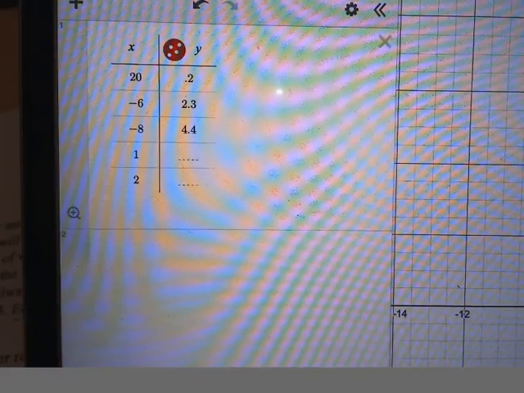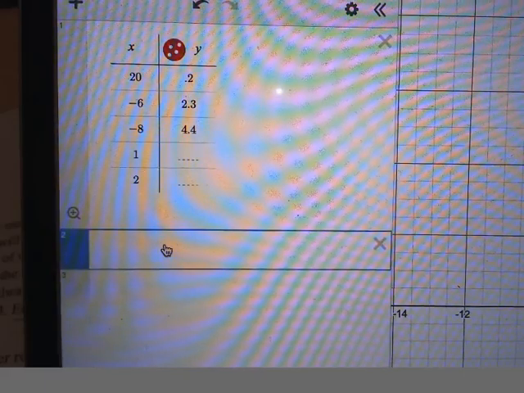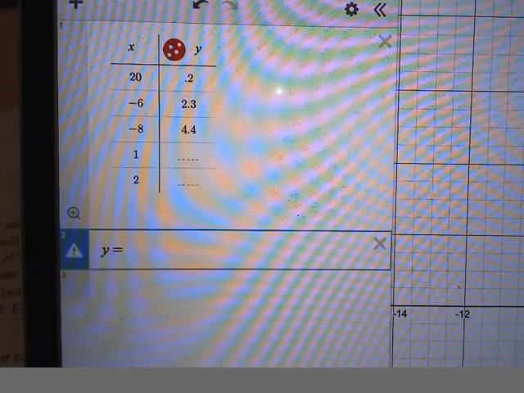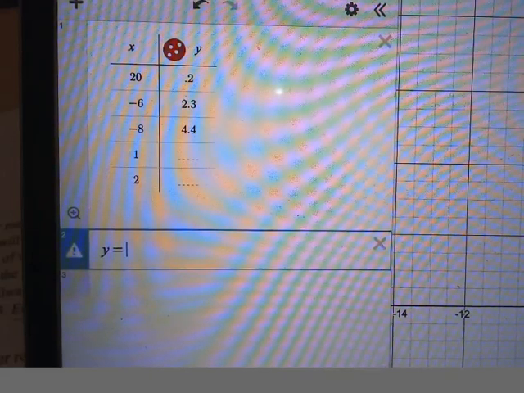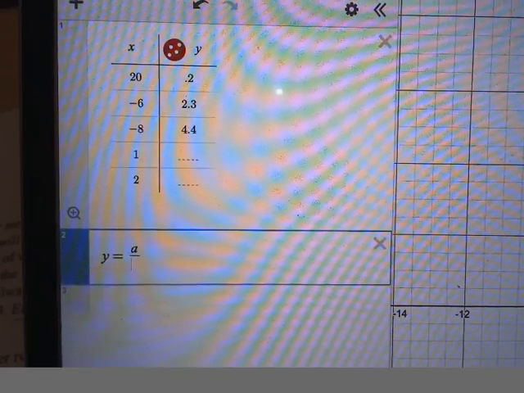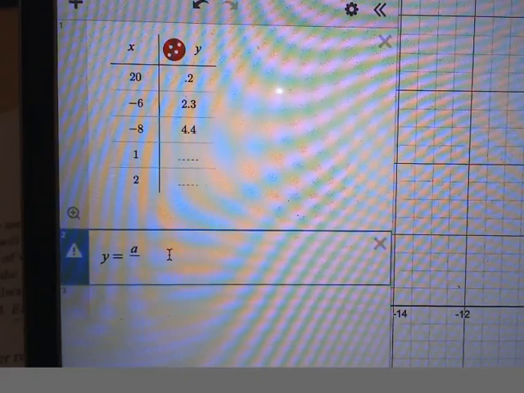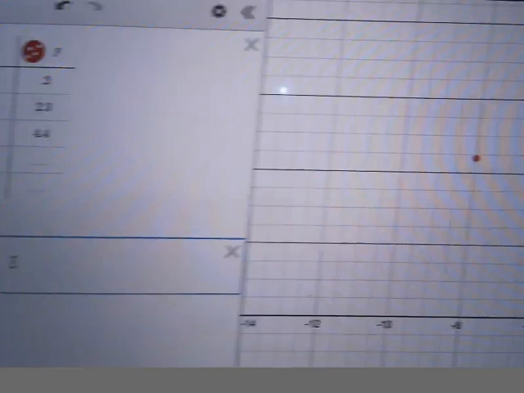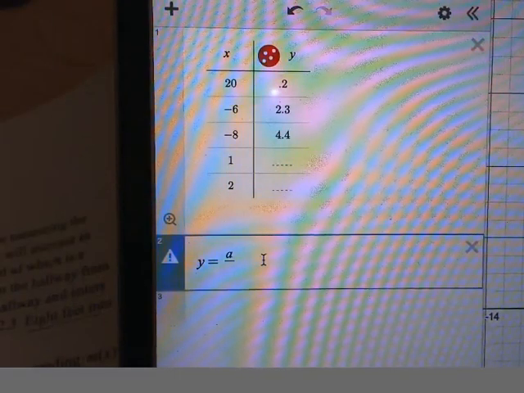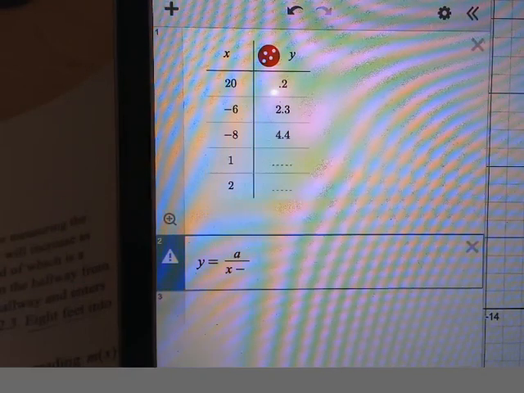Now this should remind you of the lab we did, and we would have to make y equal, and it has no x-intercepts, so we'll just put an a in the numerator, divided by, and in the denominator they say it needs to have a vertical asymptote on this graph, and I don't know where, so I'm just going to write it at x minus b.